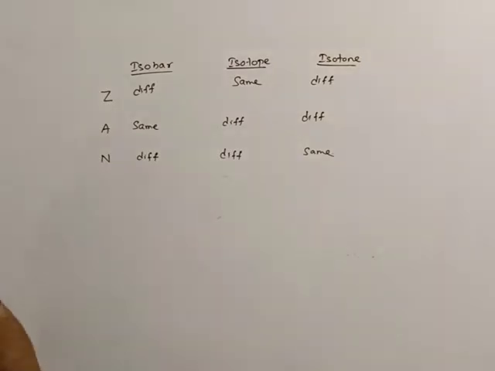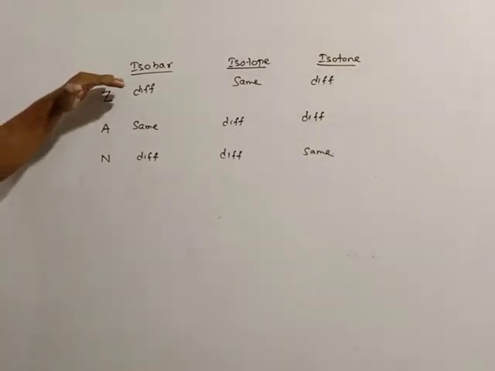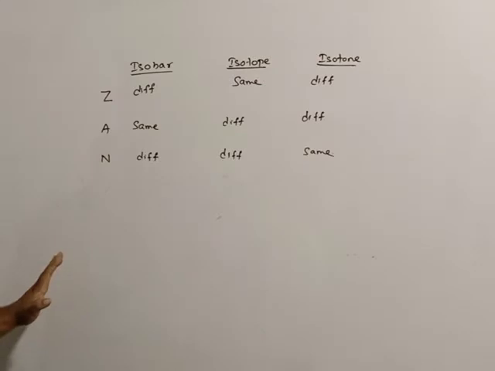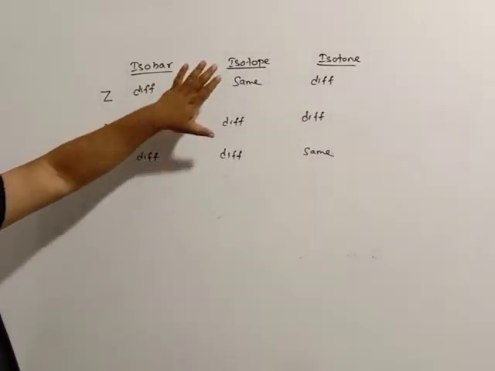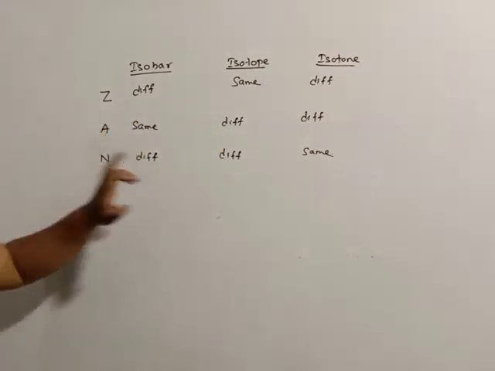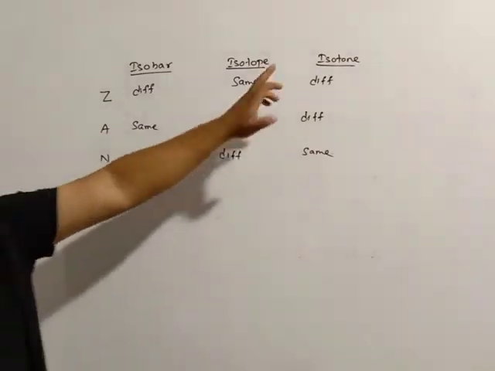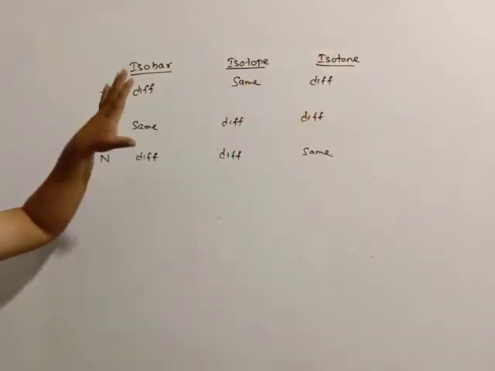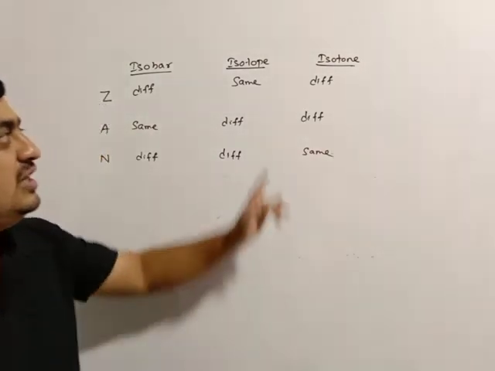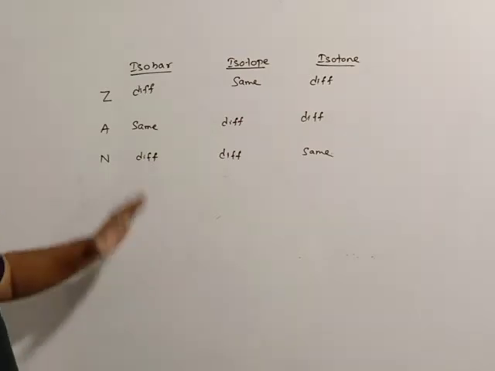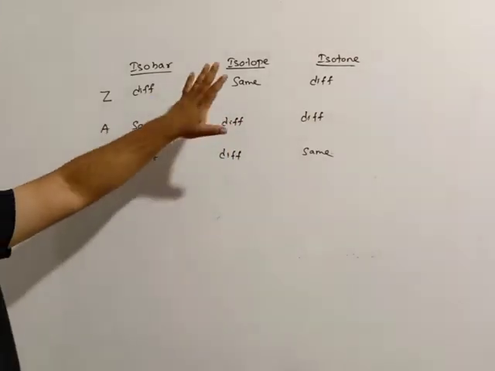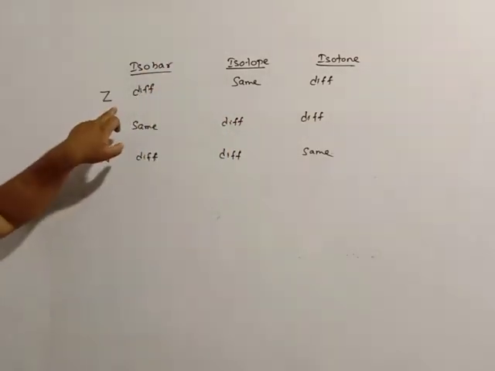So if two nuclei have the same number of nucleons but different numbers of protons, they are called isobars. If two nuclei have the same Z, that means atomic number, but different mass number, they are called isotopes. Isotones means they have different atomic number and different mass number but the same number of neutrons. According to the periodic table, the chemical property is a periodic function of Z, that is the atomic number.